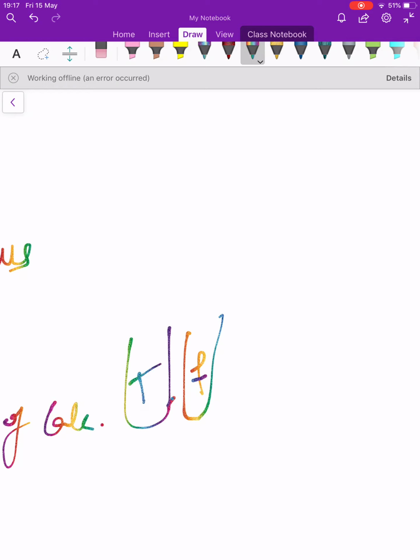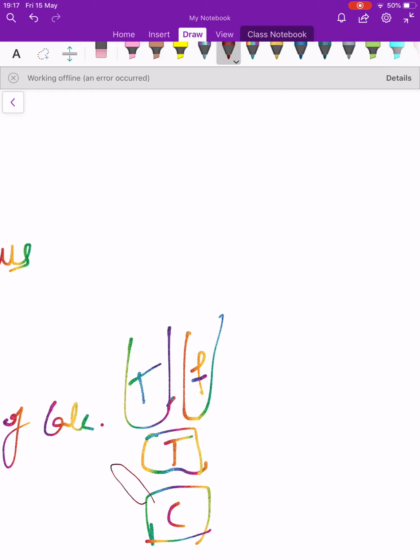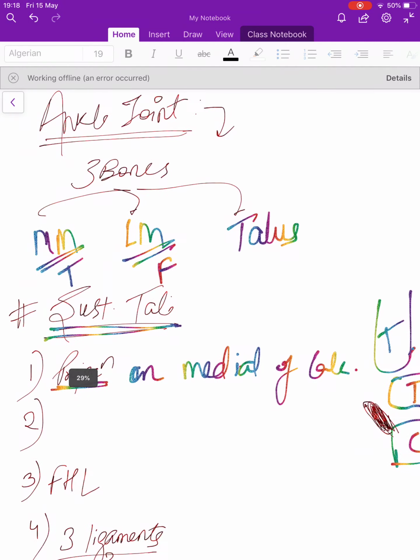Fine, this is the talus and this is the calcaneum. So on the medial side there is a projection or elevation, which is called the sustentaculum tali, right?